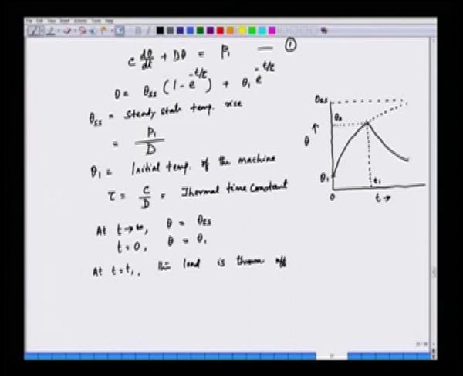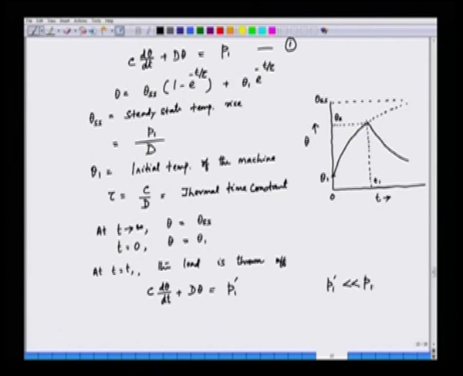Why? Because we have the same equation, C d theta by dt plus D theta, but the losses are changed. Losses have changed from P1 to P1 prime. So, in this case P1 prime is the losses because the load is thrown off. So, P1 prime is much less than P1.